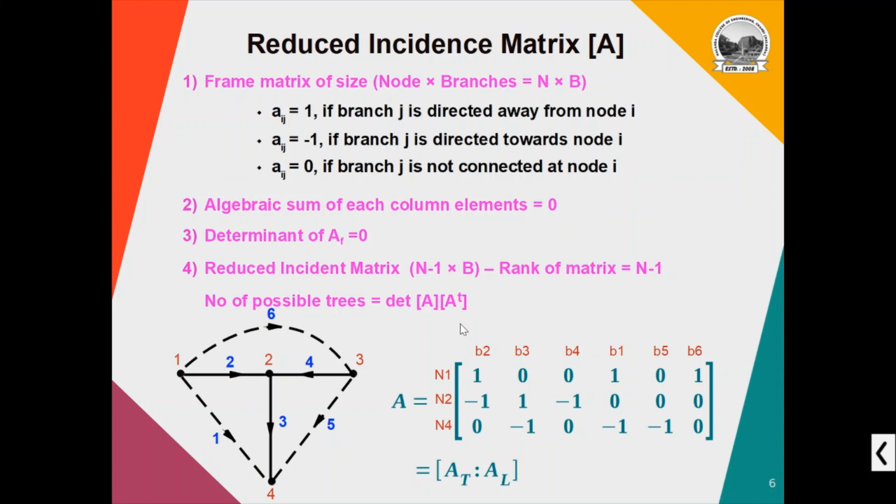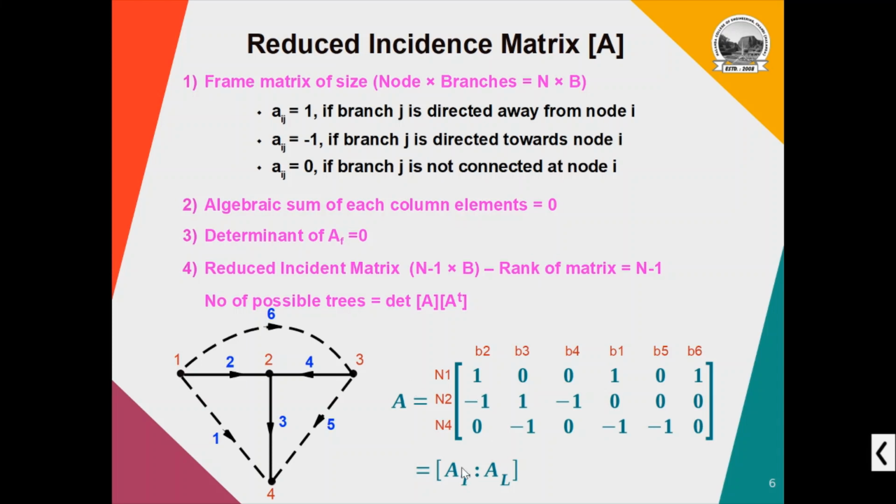A transpose means you change the columns into rows and rows into columns. Then multiply both matrices, and after that take the determinant. That will give you the number of possible trees.